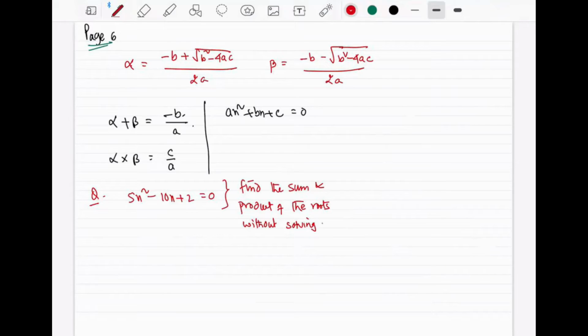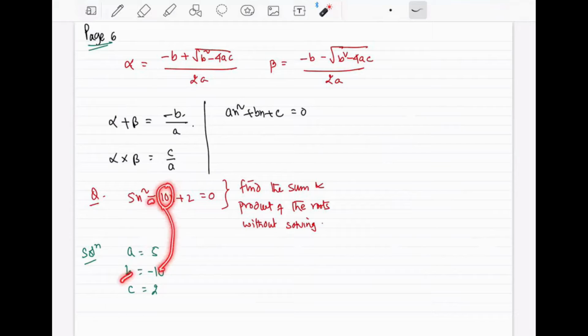You just have to note down the a, b, and c. So in the solution, a is 5, b is minus 10, c is 2. A is this one, b is the 10 including the sign, so minus 10, c is this 2.